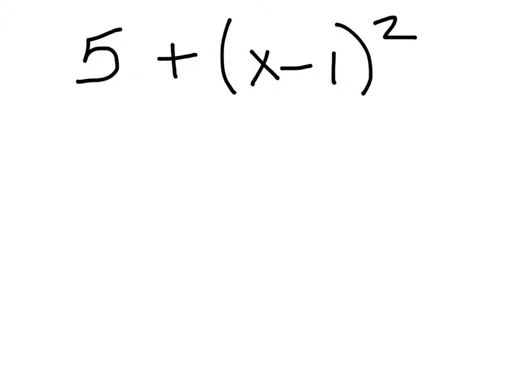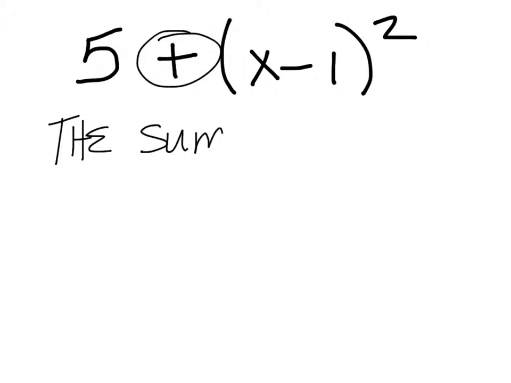I want to write this out in words. If I want to write it out in words, where do I start? Yes? The quantity. If we start with the quantity, how will we signify this? The sum, that's right. So we'll go the sum of, and now what's next?